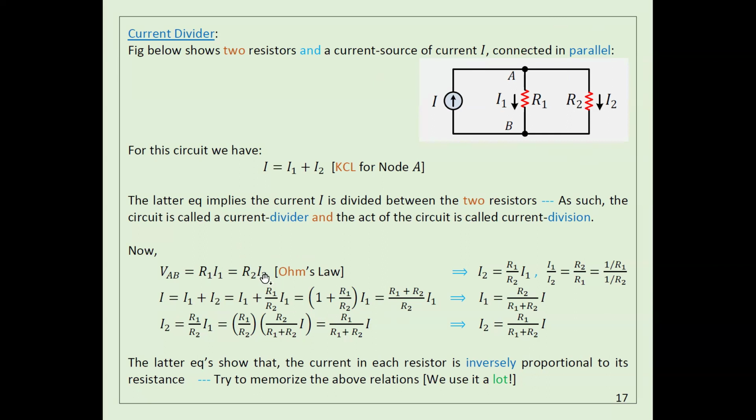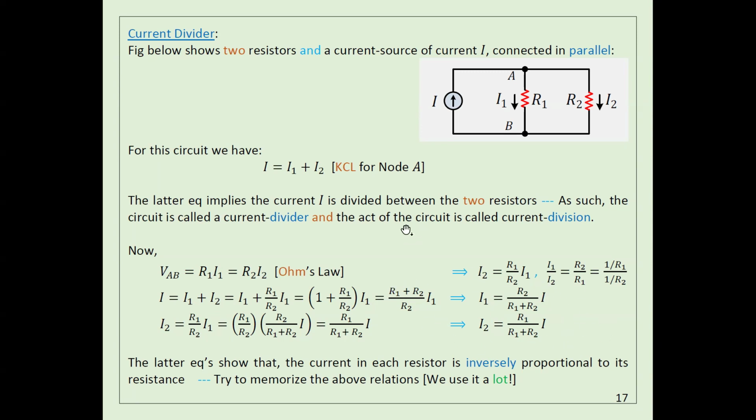You can tell that I2 is equal to R1 divided by R2 times I1. That's what I did here. Then you can add everything together as you see here, and you get the formula I have just explained. So I is equal to this value, or I1 equals this one. I just want to show you how I proved it.